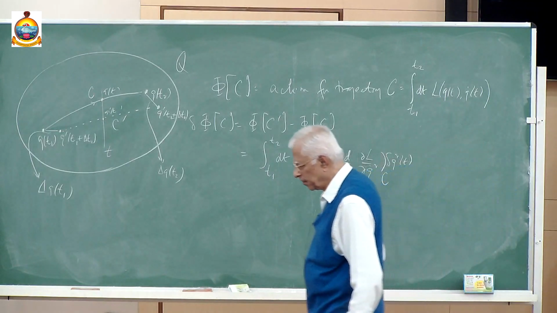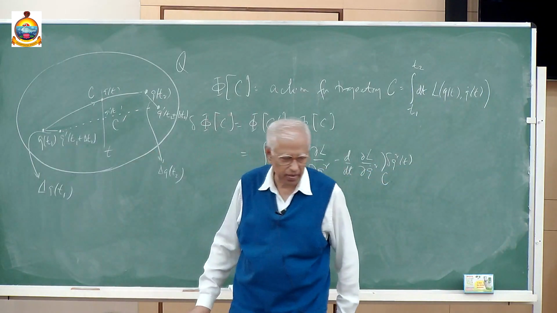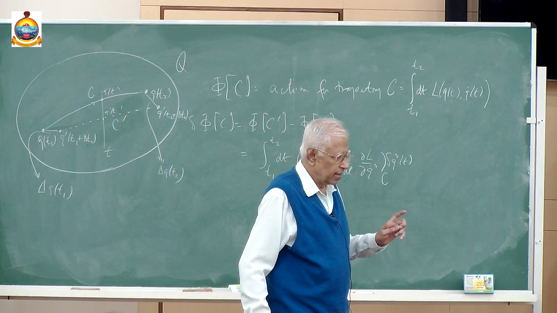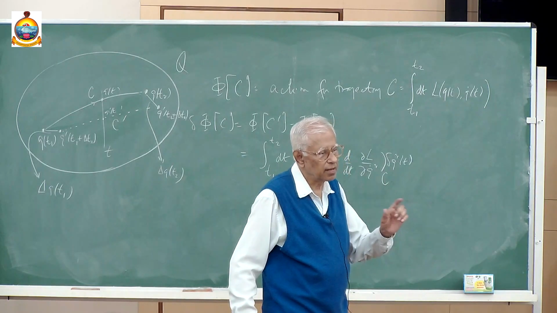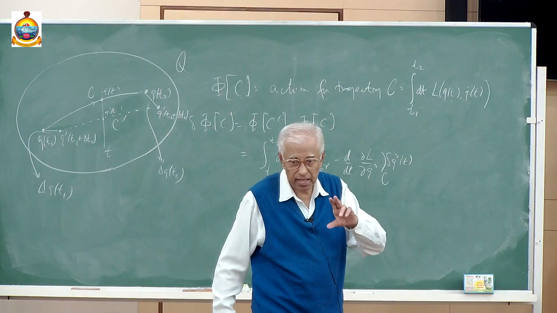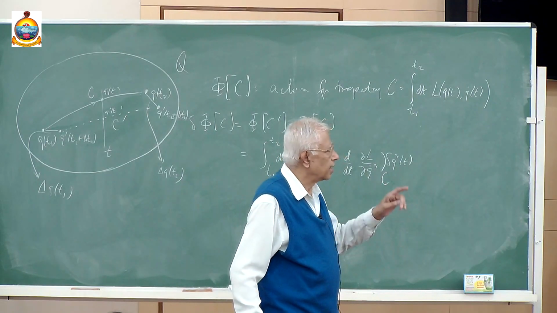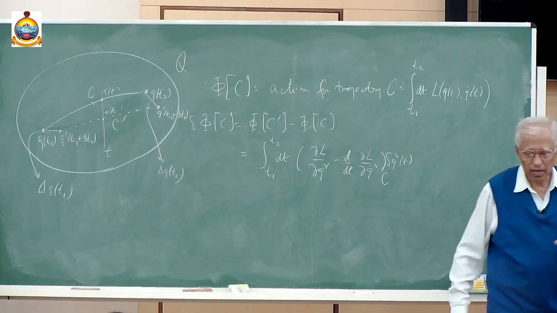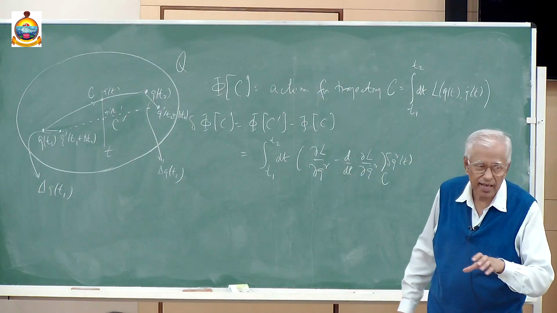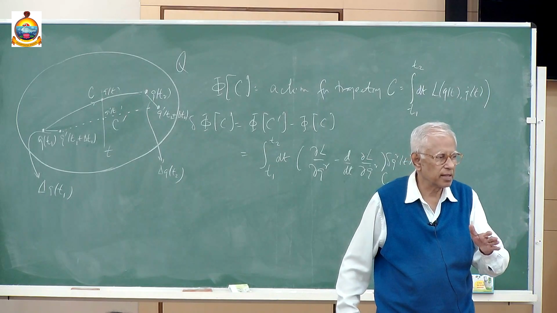Earlier statement was for restricted changes in the path, the action shall be stationary under small changes around the actual path. That was the statement. Delta phi shall be 0. Now, in the extended action principle, the wording is different. You are imagining a wider class of variations of the path.